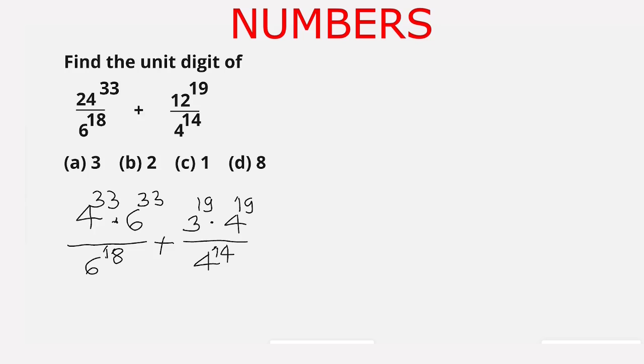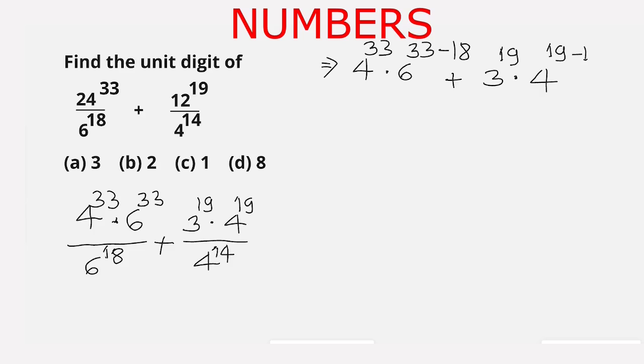Now this can be written as 4 to the power 33 into 6 to the power 33 minus 18, as the denominator is 6 to the power 18, so we write 6 to the power 33 minus 18, plus 3 to the power 19 into 4 to the power 19 minus 14, as the denominator has 4 to the power 14, so we subtract that power in the numerator.